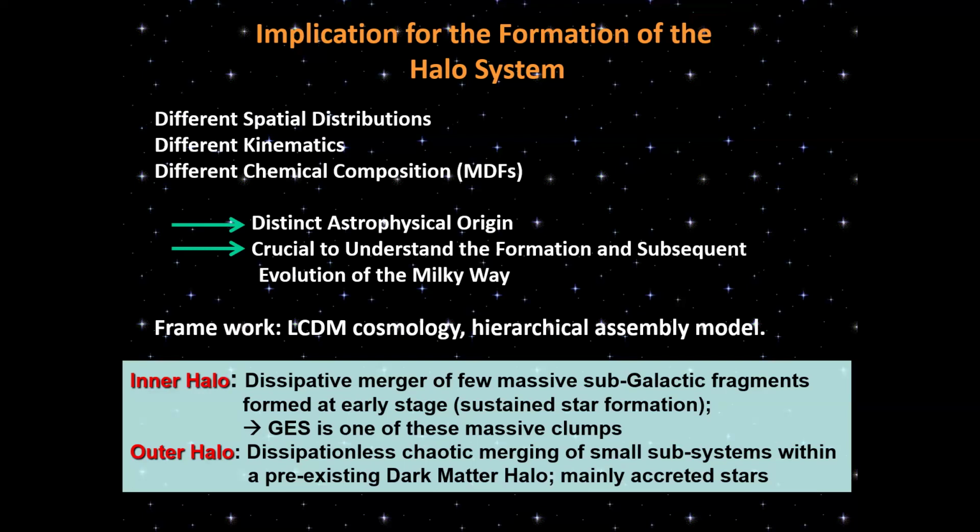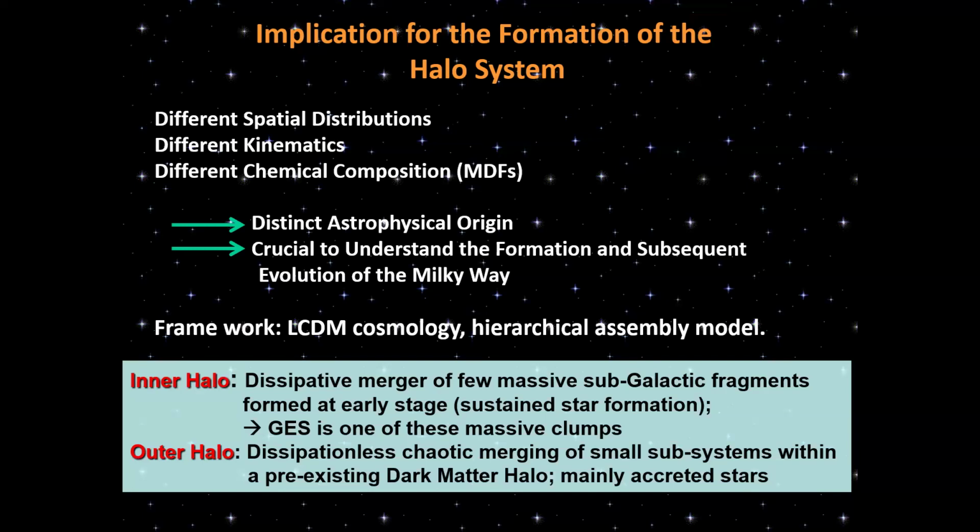The outer halo, on the contrary, was formed through a dissipationless, chaotic merging of small subsystems within the dark matter halo. Why is it dissipationless? Because these are tiny mini halos. They do not have a lot of gas in them. Likely when they merged with the parent galaxy, they got tidally disrupted.